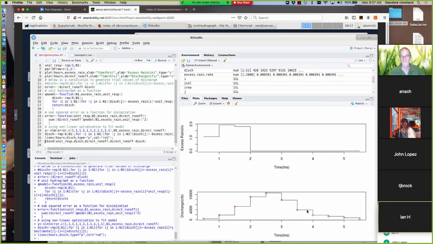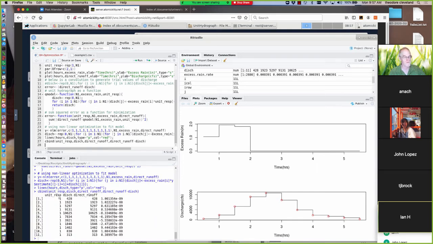You can see rather remarkable fit, and then we will find it and write the three results. The only thing it did wrong is it has the unit response vector wrong.